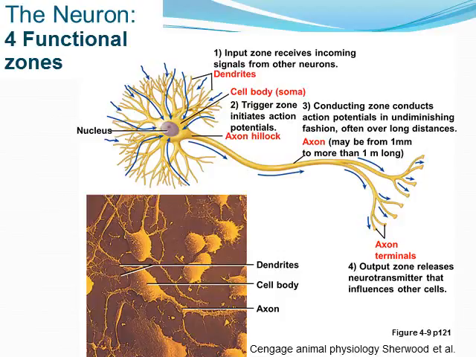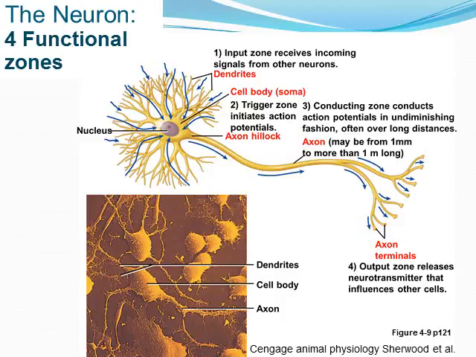The action potential itself is propagated down the conducting zone, or the axon, that, as this shows, can be very small, a millimeter, or very, very long, up to a meter long, depending on how tall somebody is, or how long their legs are.